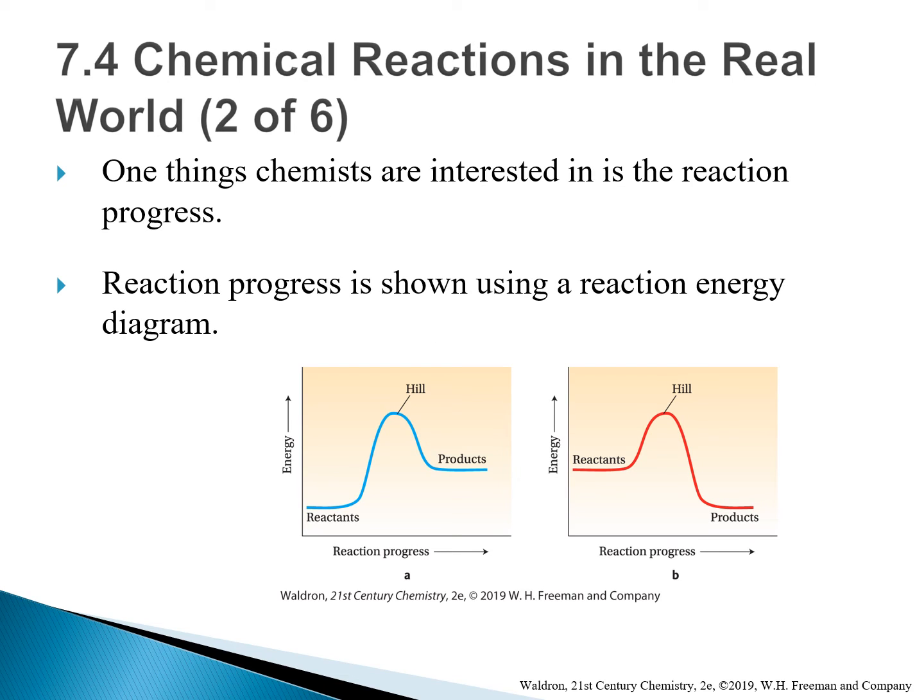Chemists track the progress of a chemical reaction in less dramatic fashion by using reaction energy diagrams, which tell us how the energy of the reaction changes as it progresses from reactants to products. The reaction energy diagram below records energy on the vertical axis and reaction progress on the horizontal axis.